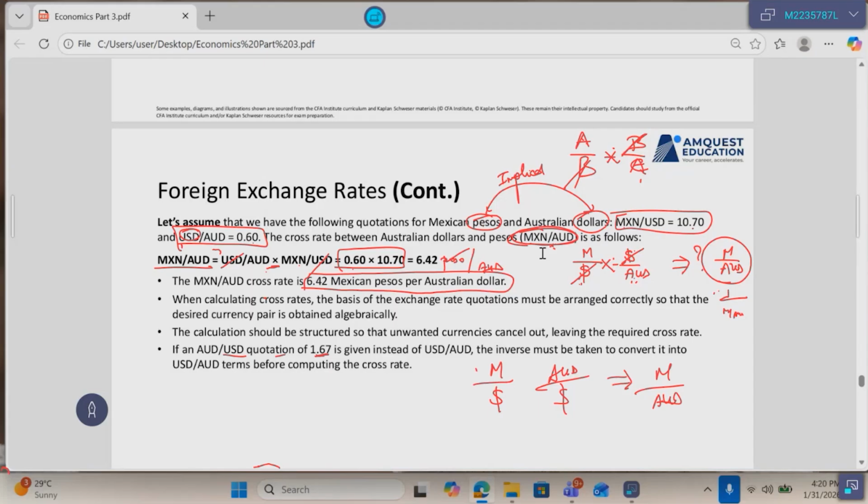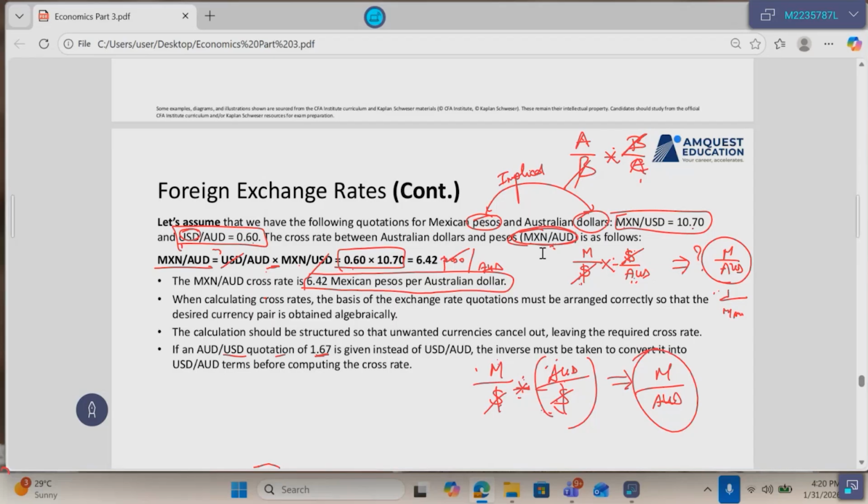Either you take this number and you divide by this number, correct? Right or wrong? Because then when you divide it's the same thing as multiplying by dollar per Australian. So divide by this number, or you take the inverse of this number, dollar per Australian, and multiply them. Got it? So learn that you have to get this answer by hook or by crook. You have to play with these numbers and cancel the dollars and leave only Mexican to Australian dollar pending.